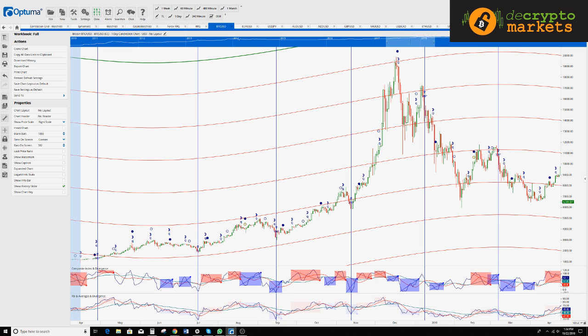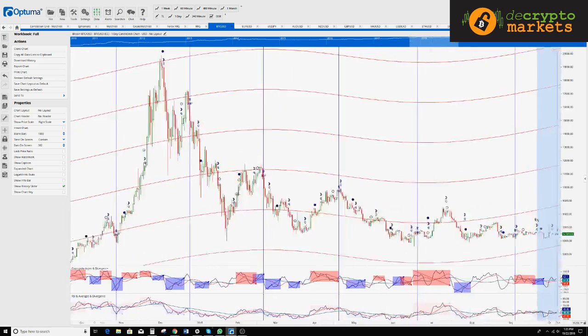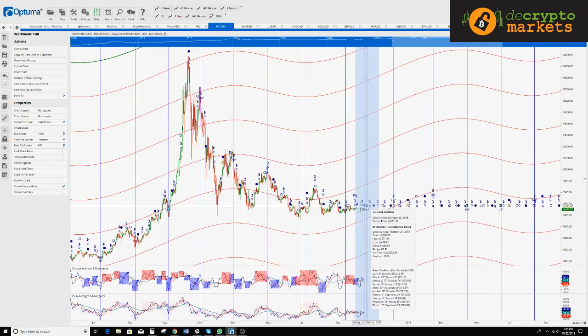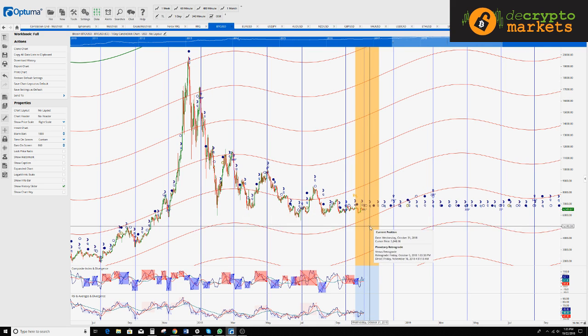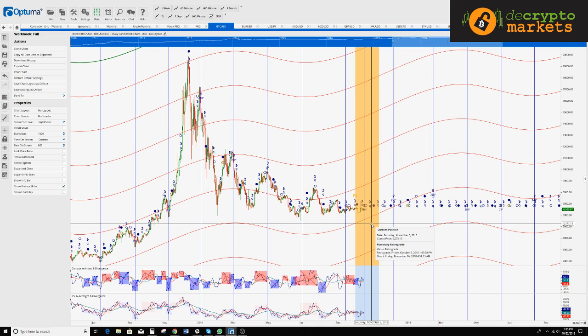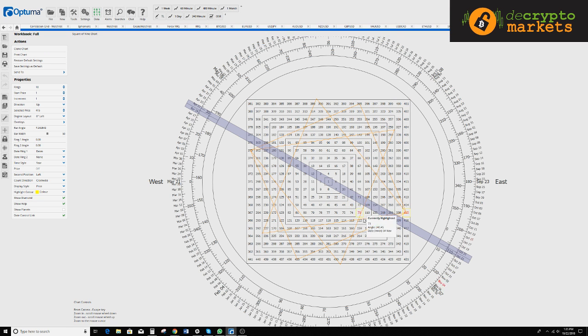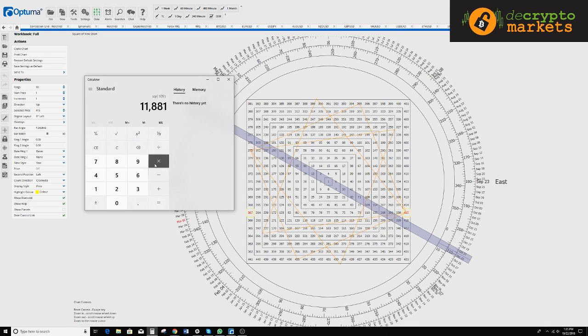But as far as the range, as far as the square of price and time, and here's the thing, because we're closer to the lower calculation of the square of price and time at 50, what was that? 5,041.